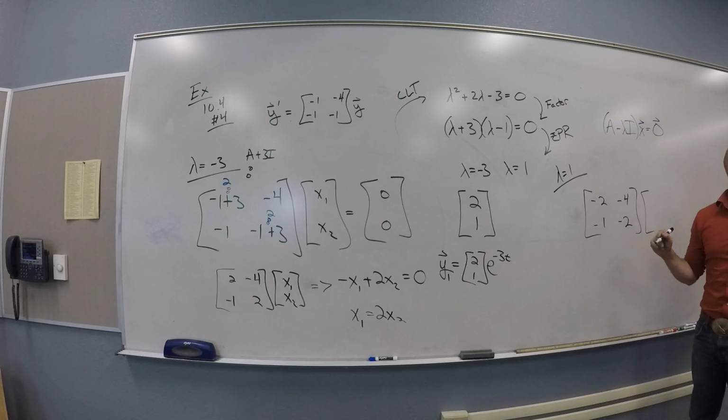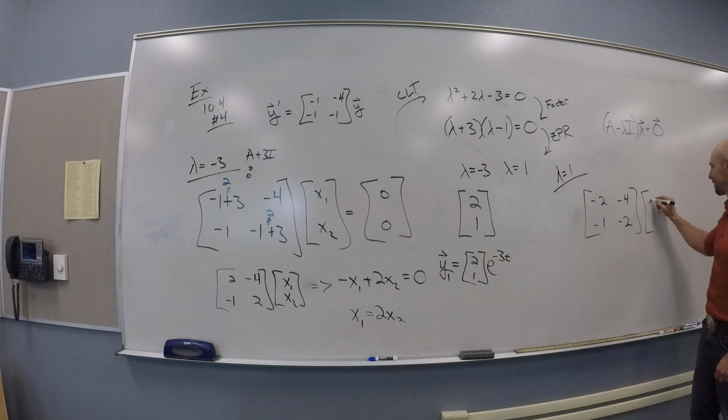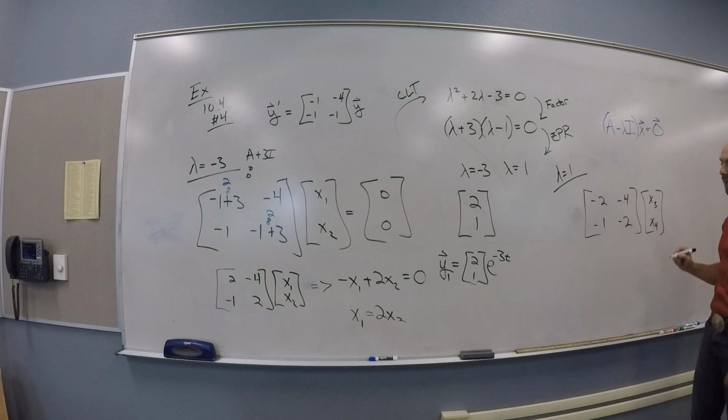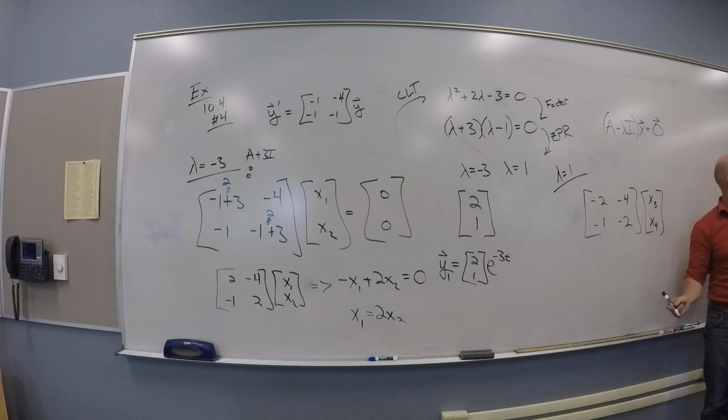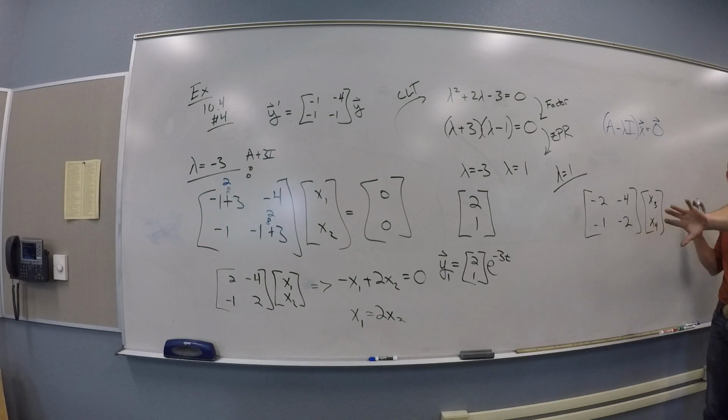So x3, x4? Right, just call them something different, don't confuse them with the work over there. I really like to separate those things a little bit personally. And this is supposed to be the 0 vector.